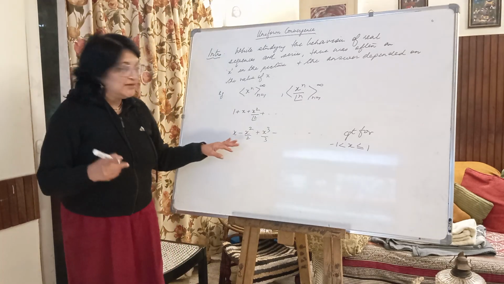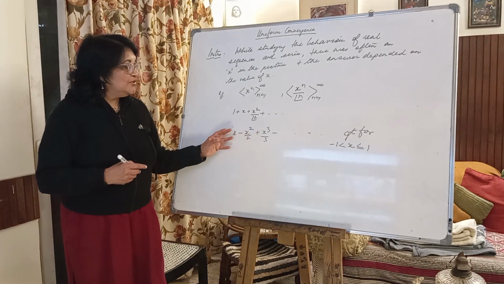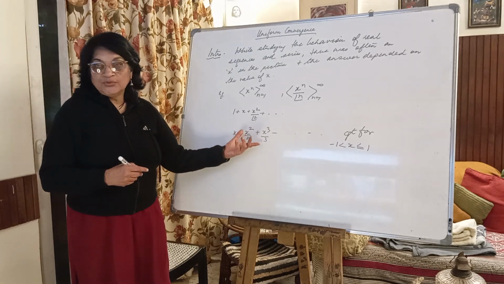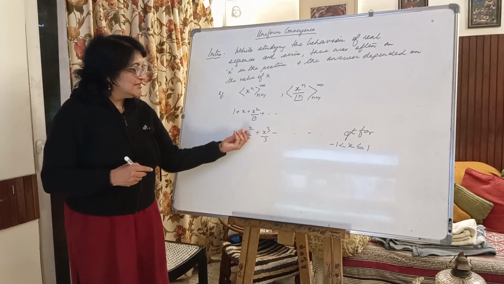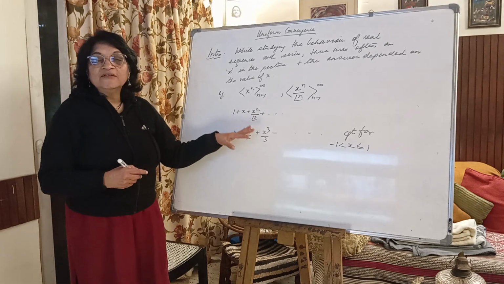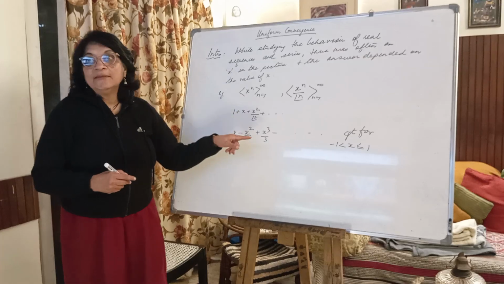We tried to find where it is absolutely convergent by using d'Alembert's ratio test. We removed all the minus signs and replaced x by mod x. Then we found that the series converges absolutely for mod x less than 1. Then at x equal to 1 and minus 1, we checked.